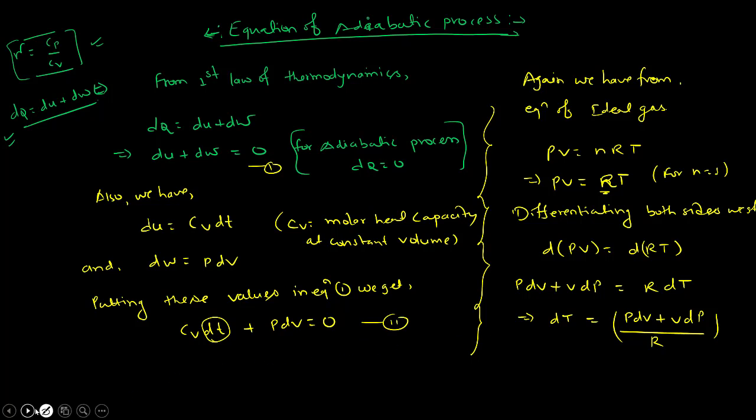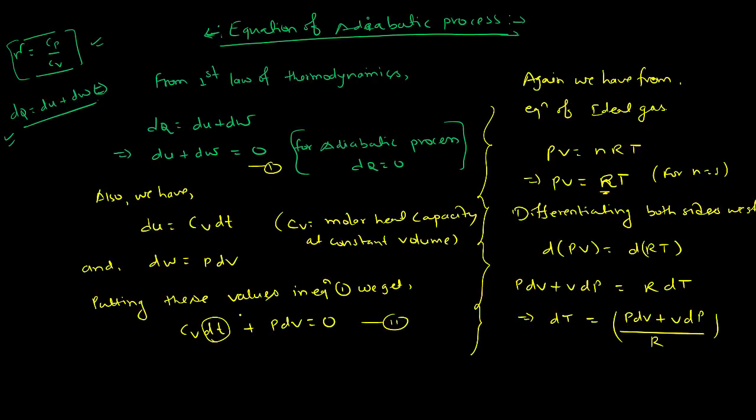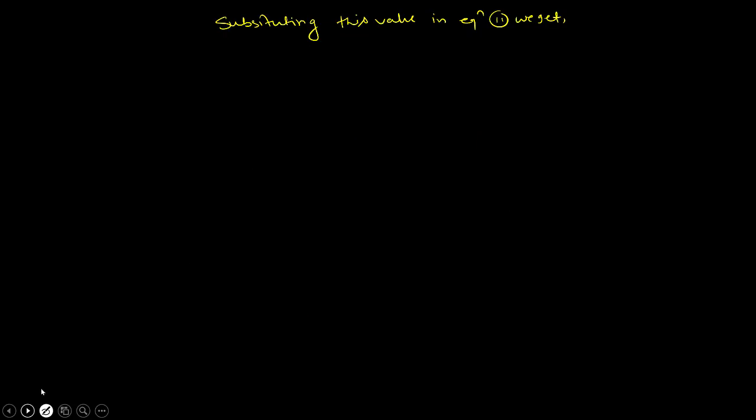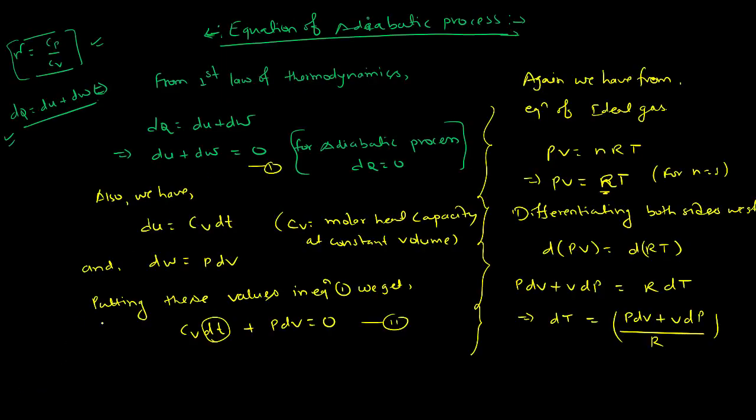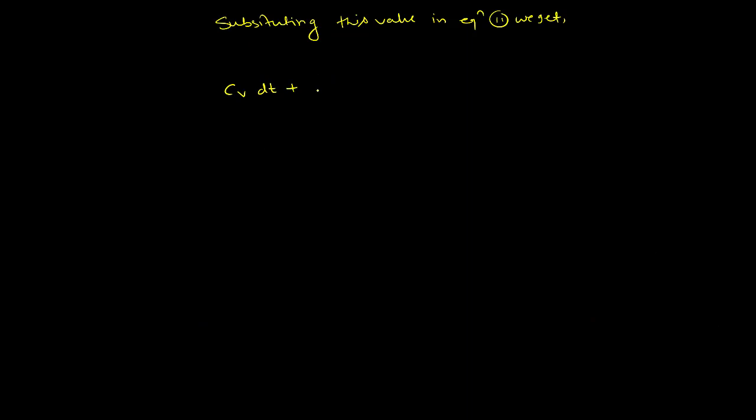Now substituting this value in equation second, we get Cv dT plus PdV equal to 0.